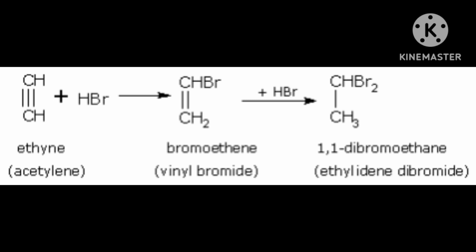Now you see the situation. You might be understanding what will happen. In the case of propyne, HBr is joining. Then where will Br go? Br has a negative part: H plus, Br minus. This bromide will go to the carbon which has no hydrogen, because the other has one hydrogen.